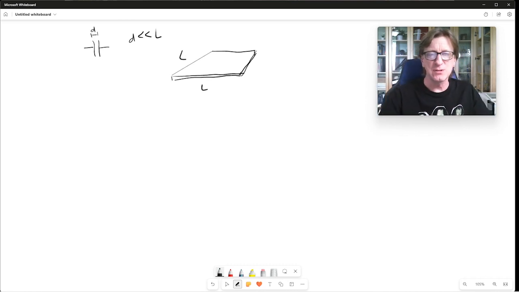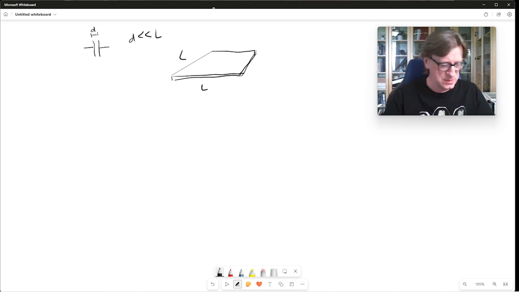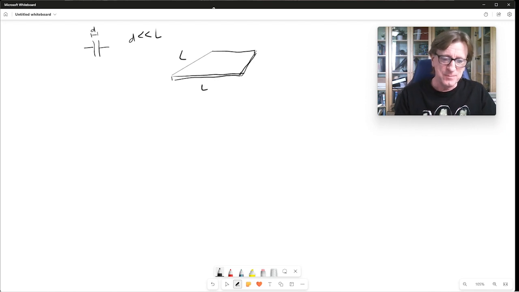And it just simplifies our calculations. But always remember to check this. If that expression, if that d much less than L doesn't hold, I can't use this approximation that we're using. It's going to work for a lot of times, but you always need to be aware of when it might not, because that's when it's going to jump up to bite you. Okay, so I'm going to draw it from the side here.